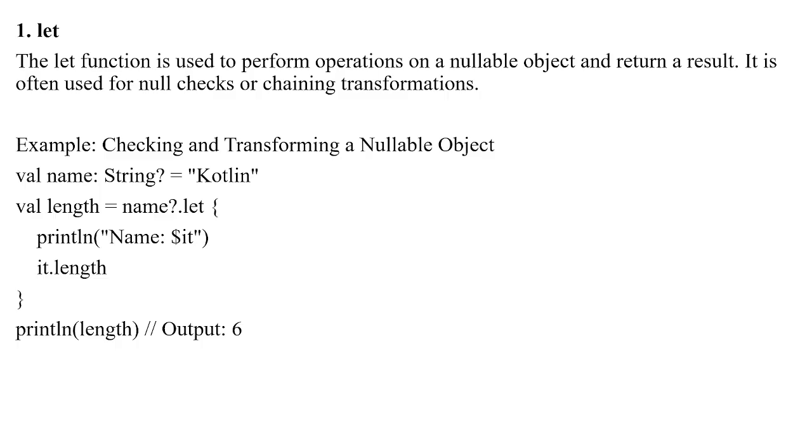First of all, we will discuss the let function. The let function is used to perform transformation operations on a nullable object and return a result. It is often used for null checks or chaining transformations. In the example, we have declared a nullable name variable, assigned the value Kotlin, and we want to get the length of that name variable.